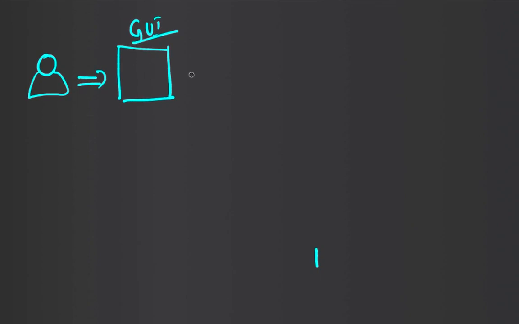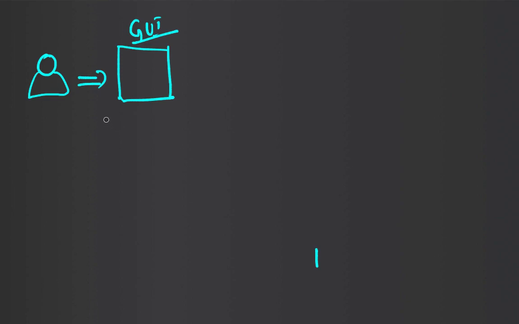In the GUI, we fired it up and then we entered the user ID and password. But before we even enter the user ID and password, the system has already communicated with the server and given us the login screen. And what kind of communication is that?